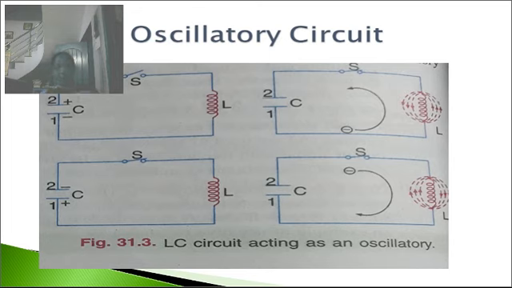As a result of these losses, the amplitude of the oscillating current in the tank circuit decreases gradually, and eventually it becomes zero. So the waveform of such oscillating current will be of damped oscillations.